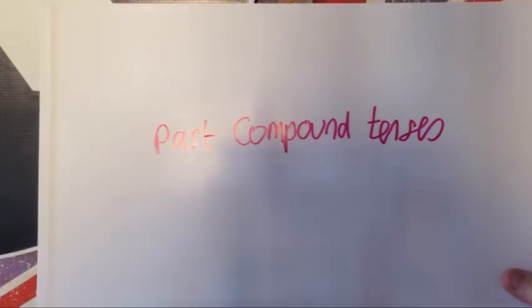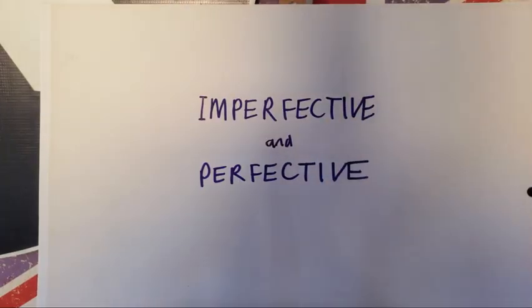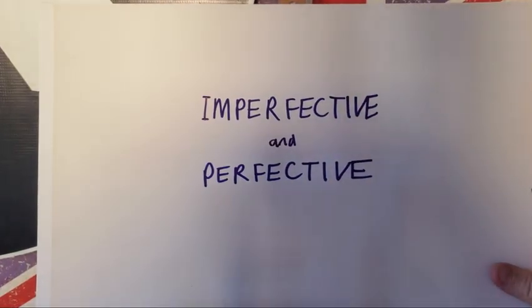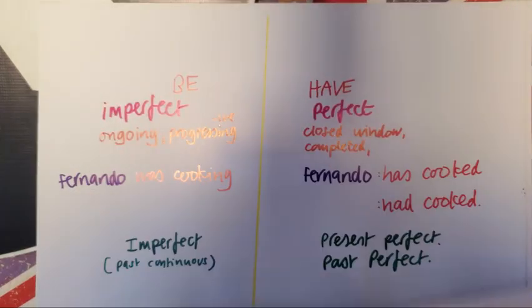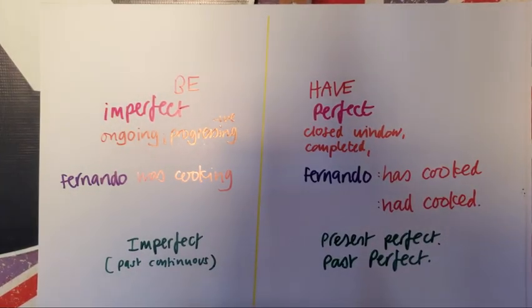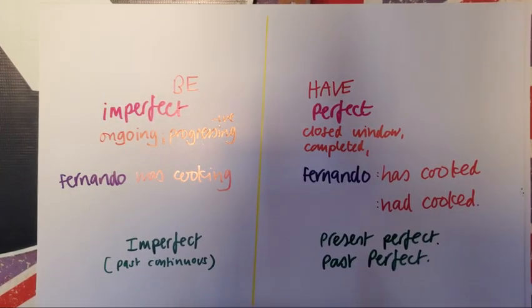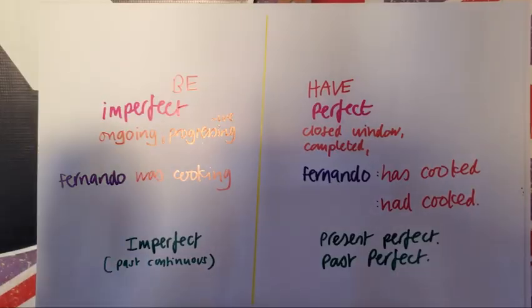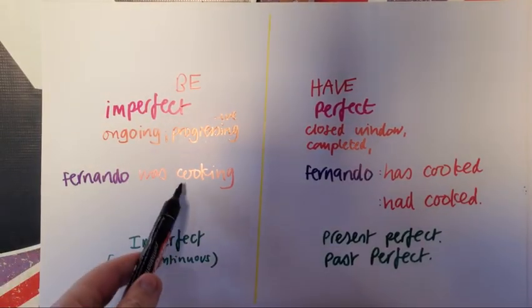With past compound tenses, we now have the imperfect and the perfective. The imperfect is Fernando was cooking.